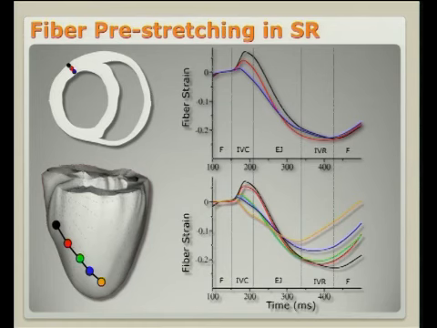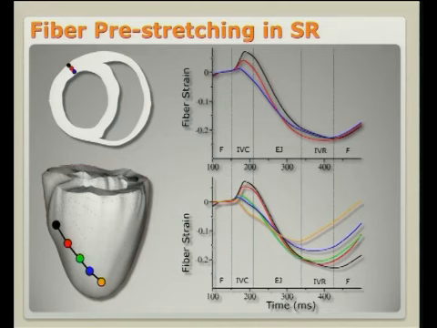There are other reasons that lead to this pre-stretch. For instance, during isovolumic contraction, when the heart starts to contract from the apex, the pressure that develops here additionally causes pre-stretch of the fibers that are located in this region.